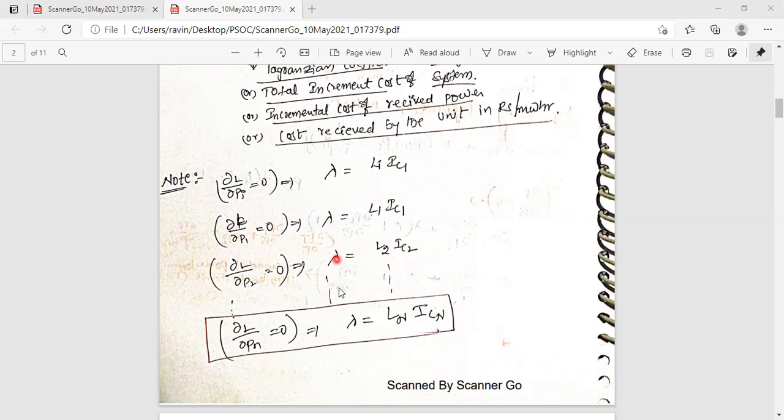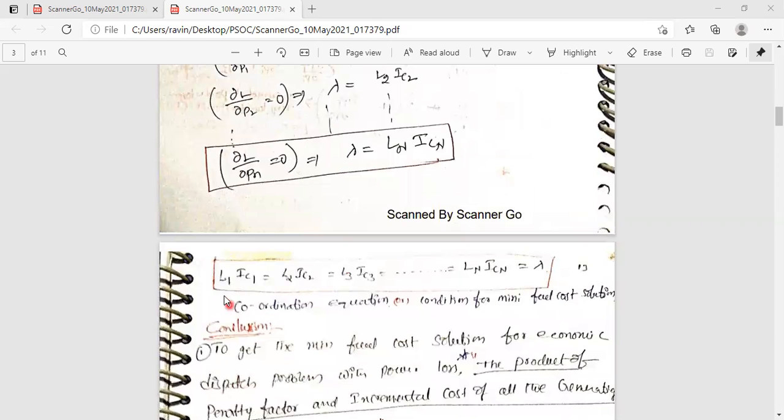All the coefficients are the same. So I can also write this as L1 IC1 equal to L2 IC2 equal to L3 IC3 and so on up to Ln ICn equal to lambda. This is the coordination equation for getting the minimum fuel cost solution.